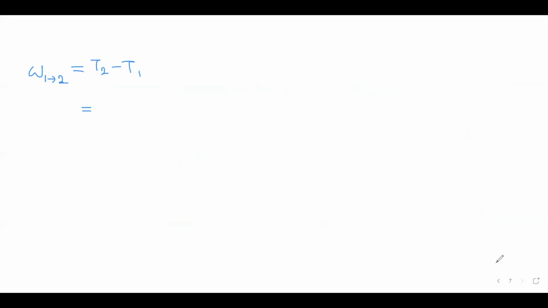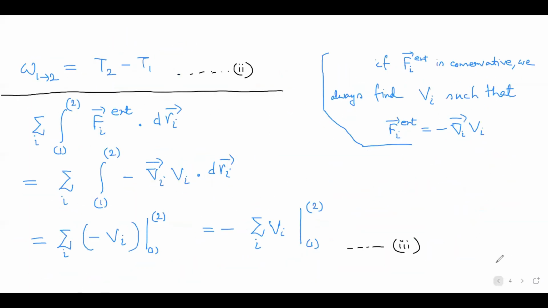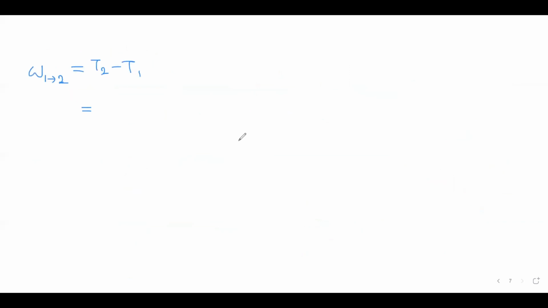And this equals, from equation 3 and 4, we will write minus sum over i Vi from point 1 to 2, minus sum over i comma j, i not equal to j, Vij from point 1 to 2.